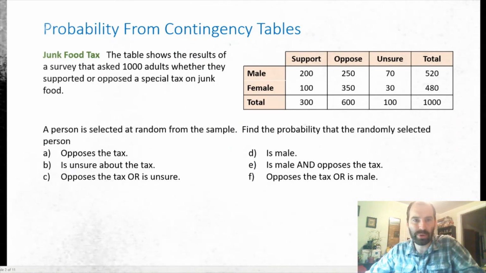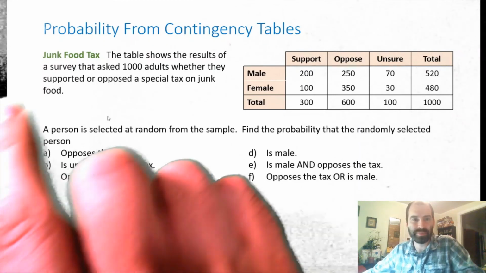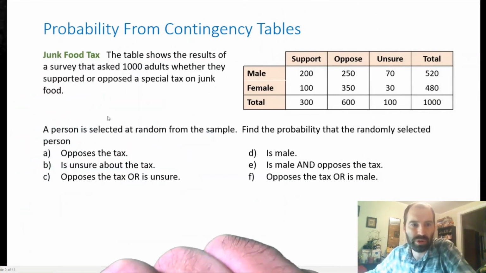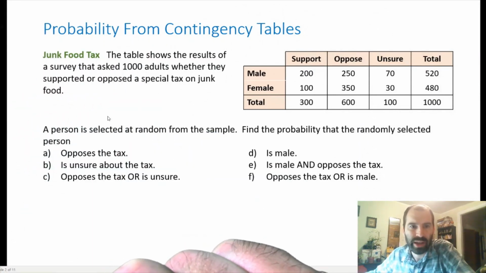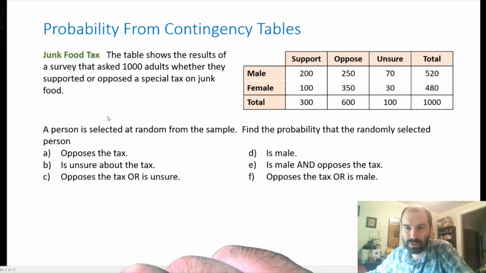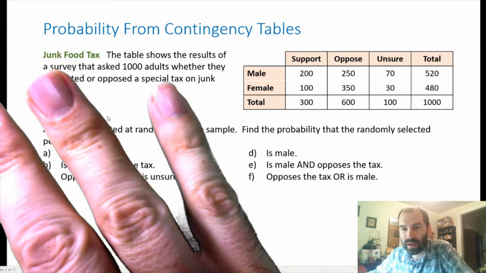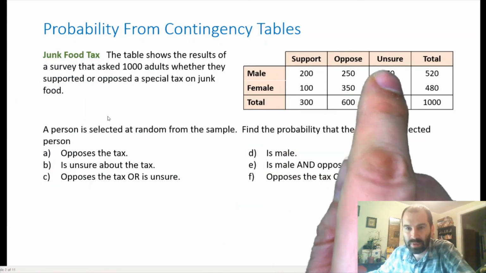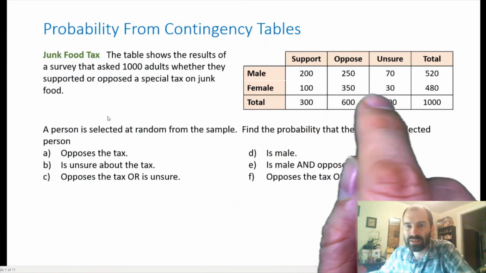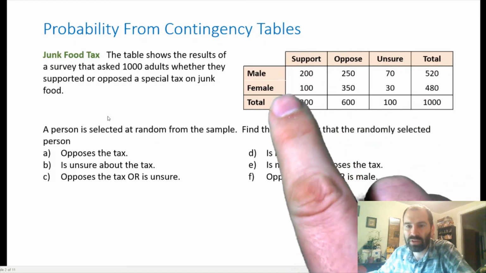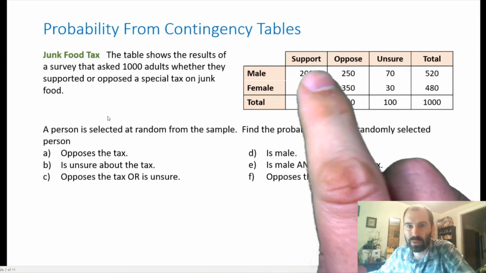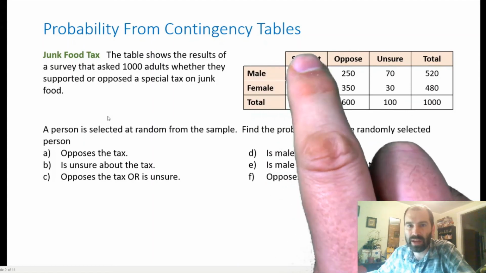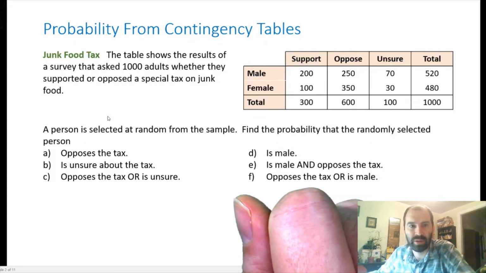So we've got a table here that shows the results of a survey that asked 1,000 adults whether they supported or opposed a special tax on junk food. For every person, they recorded their gender and their opinion. And this table has accumulated how many people fell into each category. So there were 200 people that were male and supported the tax.